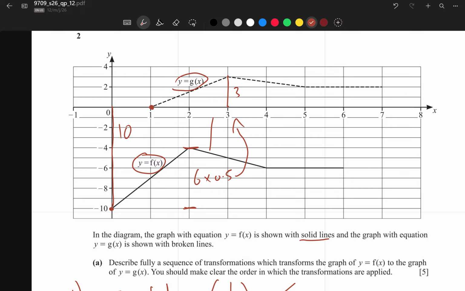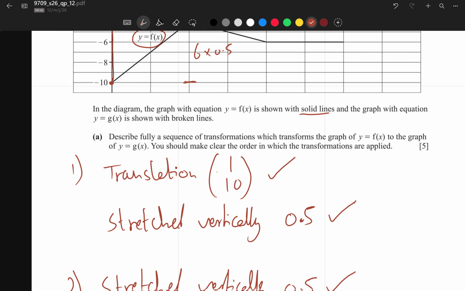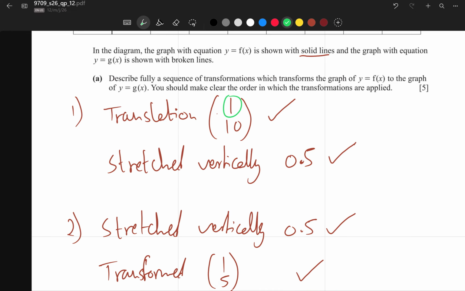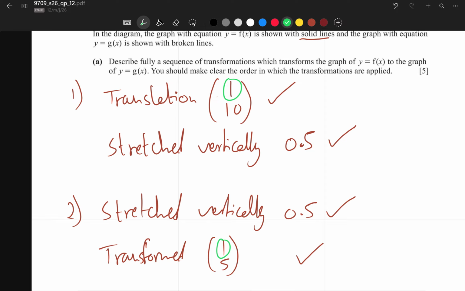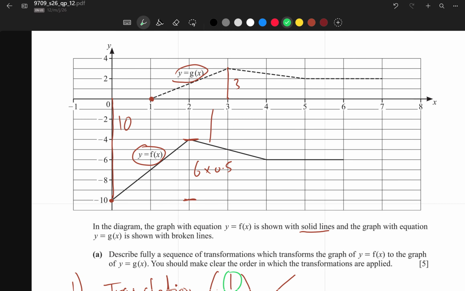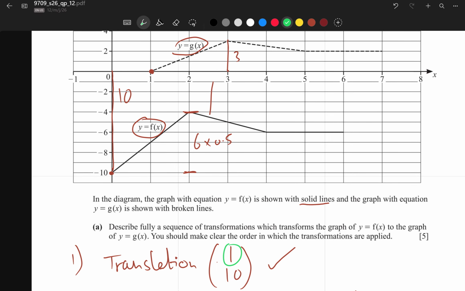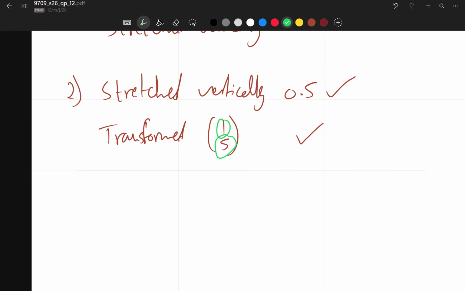Now it is not being stretched in this or this direction, which means the x-axis will not change. That is why x is the same in this case and also in this case. But if it is stretched vertically first, then the vertical coordinate will also be shrunk. So which was 10 originally, it became 5 afterwards.